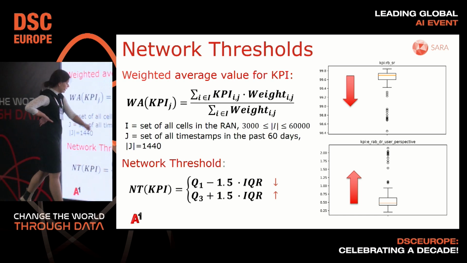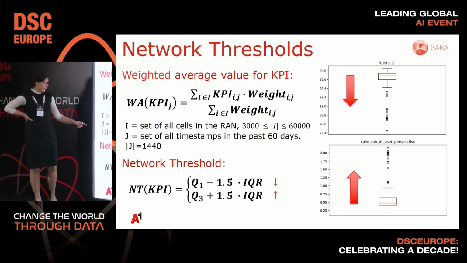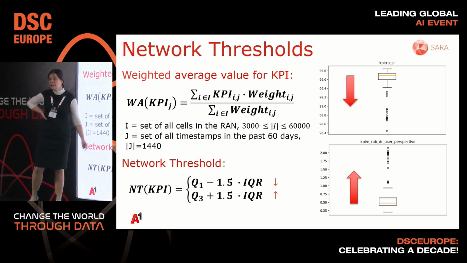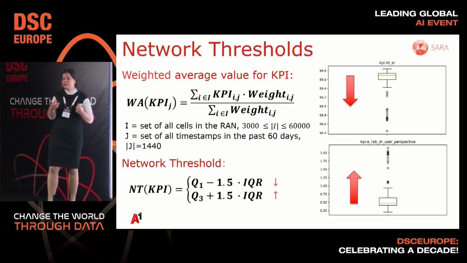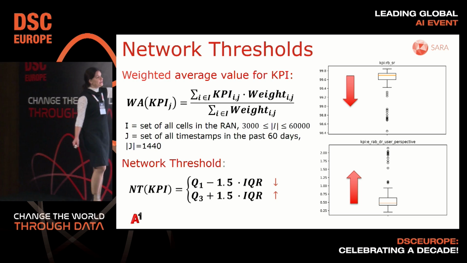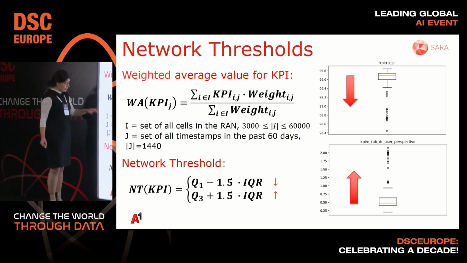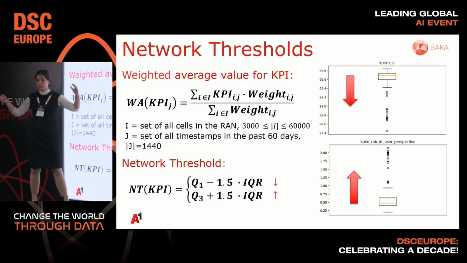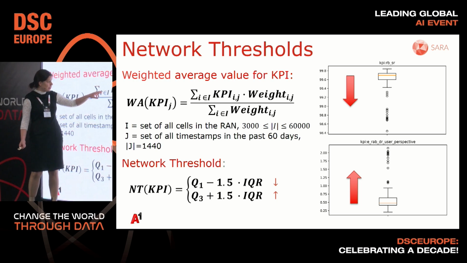And direction helps us to choose the first or second part of our network threshold formula. Here we apply this interquartile range method to the weighted average values for KPIs.